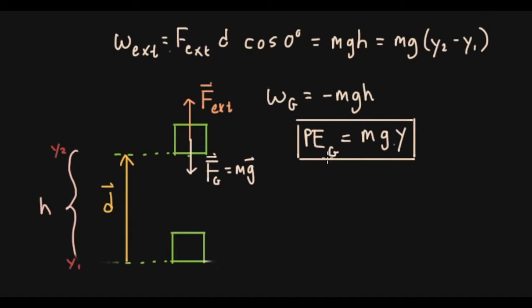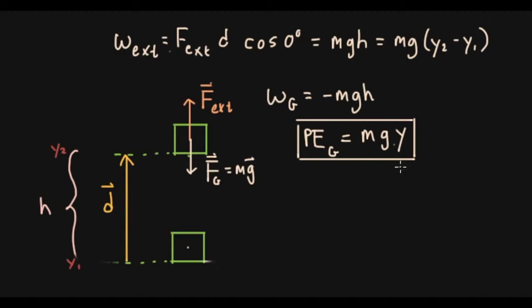Okay, this is the amount of energy that the box now has potentially to use. The best way to think about it is it's at some height, there's some reference point here that it could fall down to. If we let go, this energy is now available to the box to fall down, to move it down in this direction.